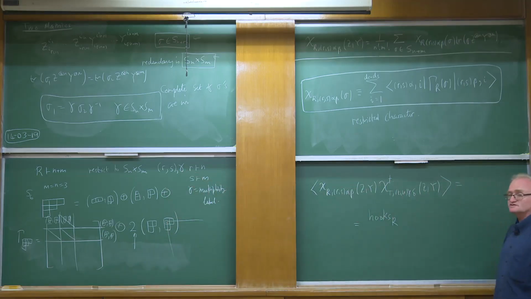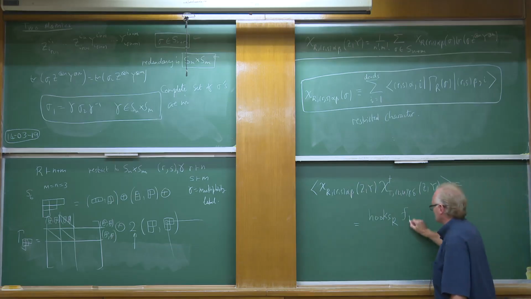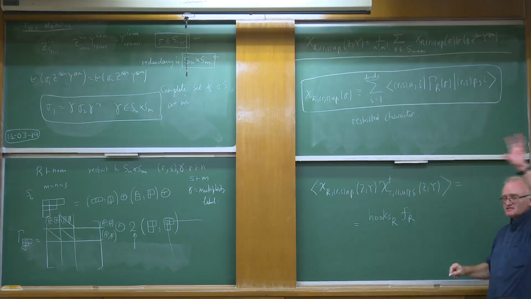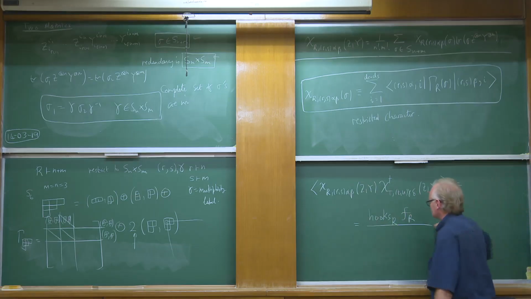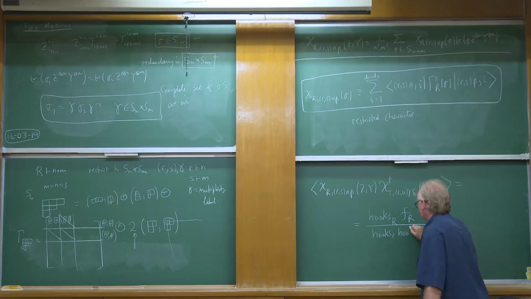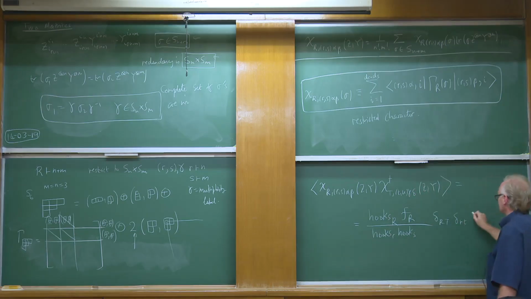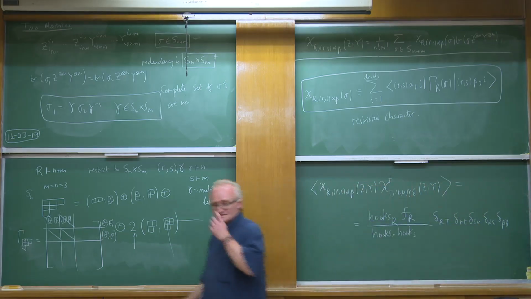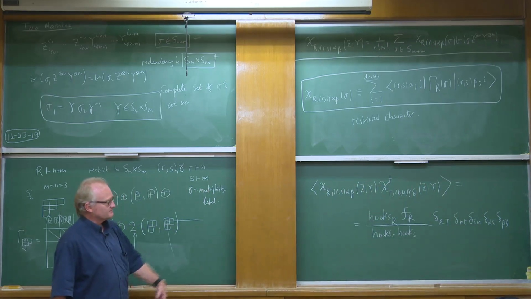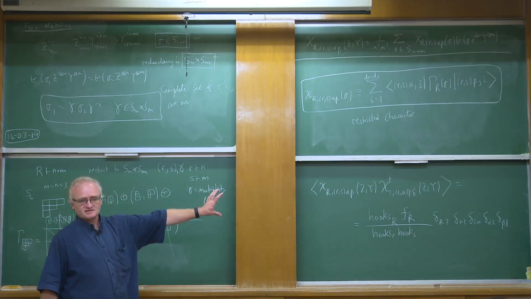Take a product of all of those numbers. A product of the n's, n, n plus 1, n minus 1, and so on, divided by hooks for little r, hooks for little s, and then there's a delta R T, delta little r little t, delta s u, delta alpha delta, delta beta gamma. So it's orthogonal on all labels, and there's a very explicit formula for what that coefficient is.